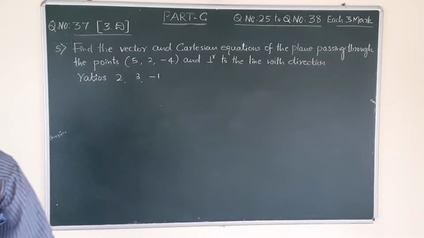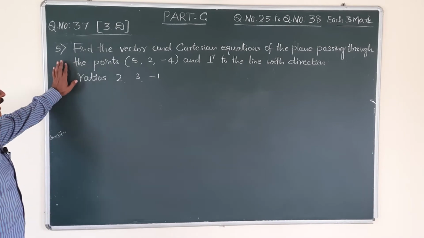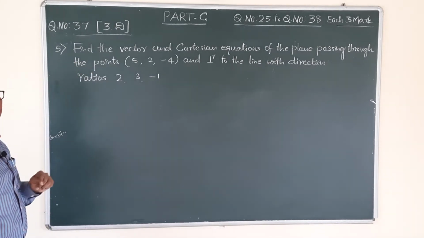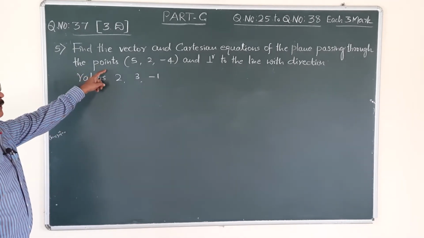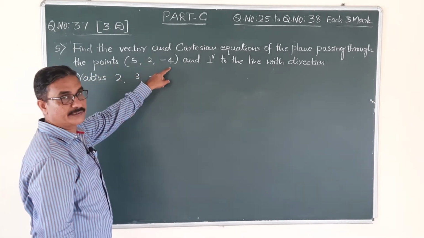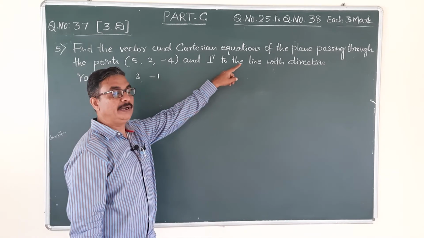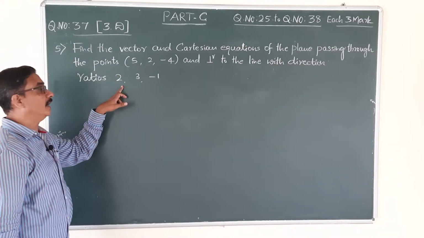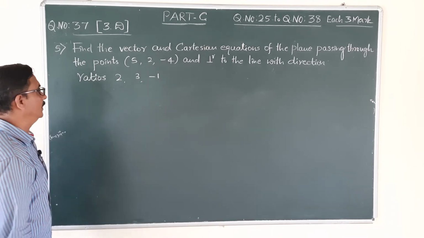Clear? Next problem. Find the vector and Cartesian equations of the plane passing through the point 5, 2, minus 4 and perpendicular to the line with the direction ratios 2, 3, minus 1.